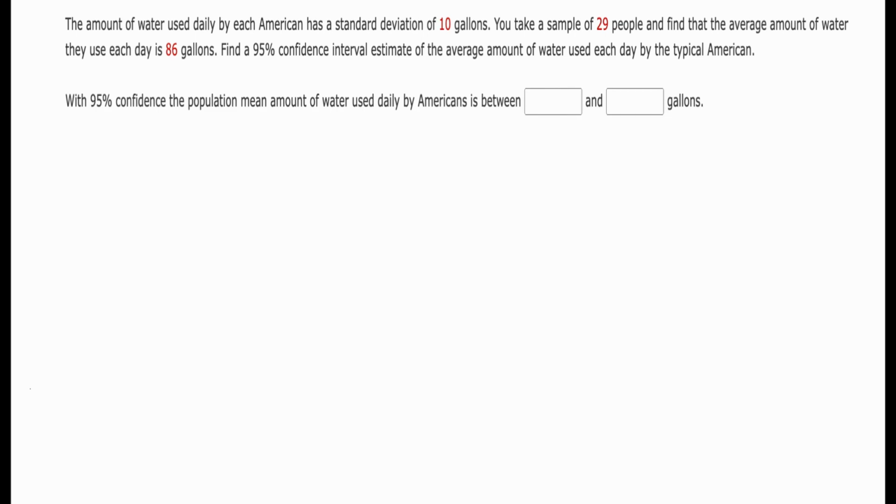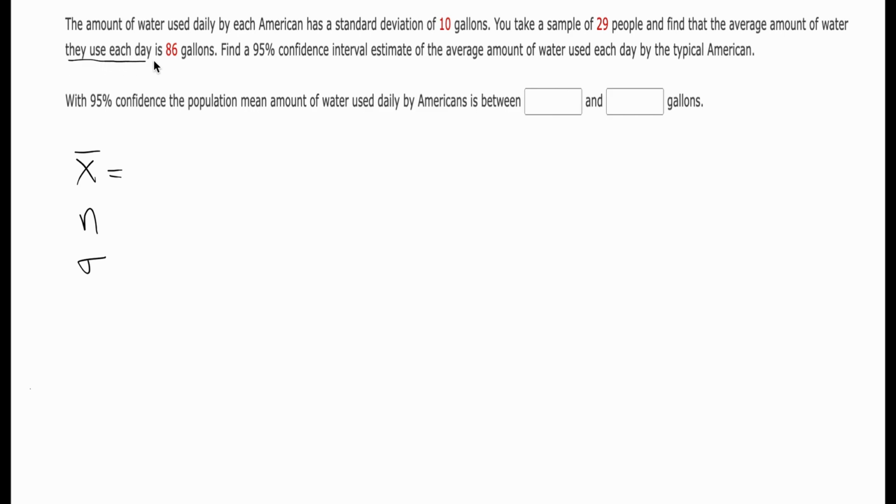So one of the steps to these would be, first of all, identifying what is X bar, what is N. We also want to know sigma if we can find it. So let's see, X bar. Right here.